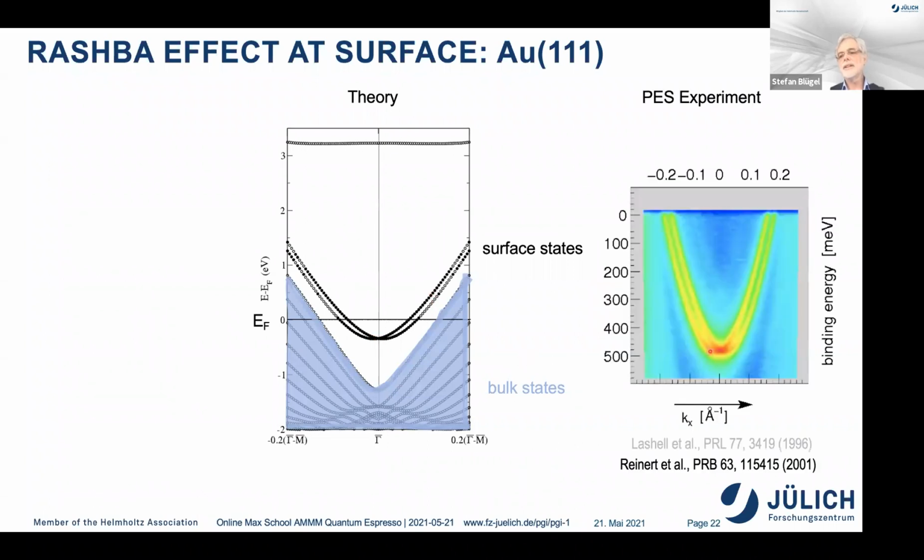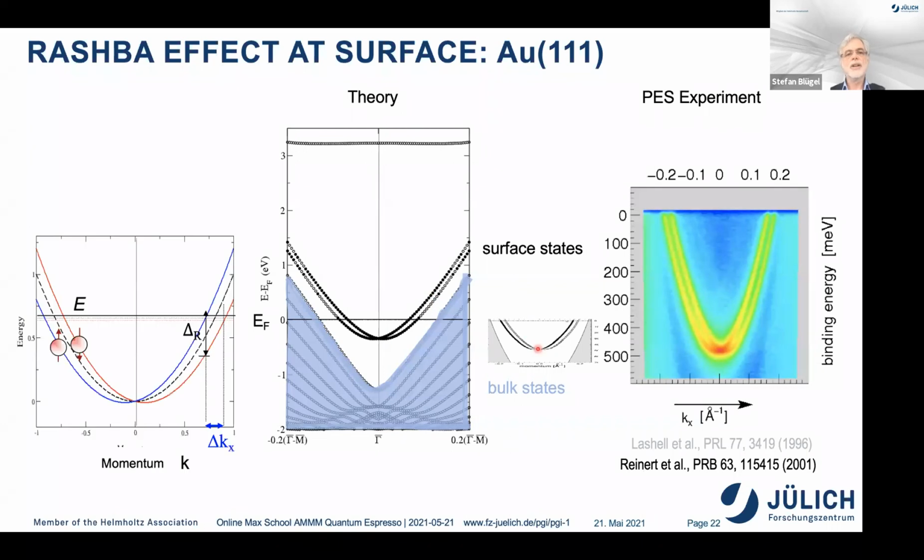And here is the corresponding experiment to it. I think it's from Reinert. It's a photoemission experiment. And you please notice the scale here and the scale here is slightly different. So basically I rescale here this experiment, and in photoemission you can only see occupied states. So you see here, it is a good comparison between theory and experiment.